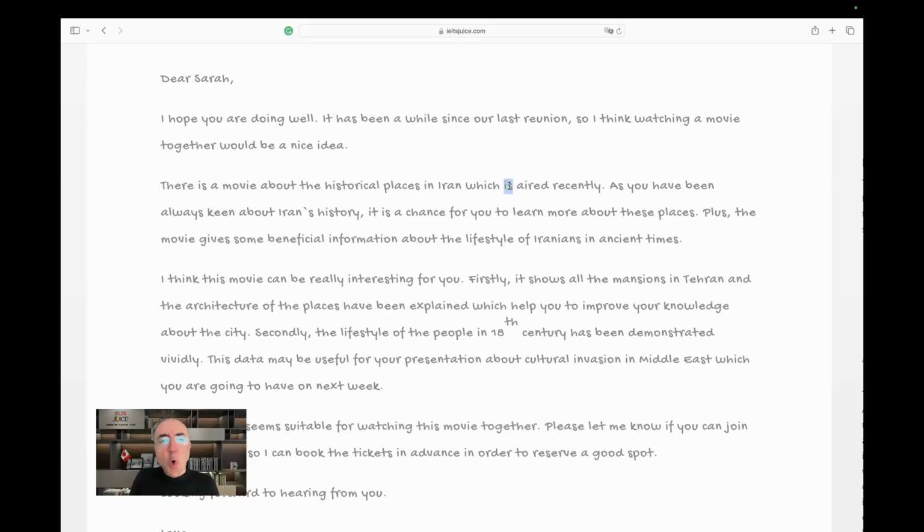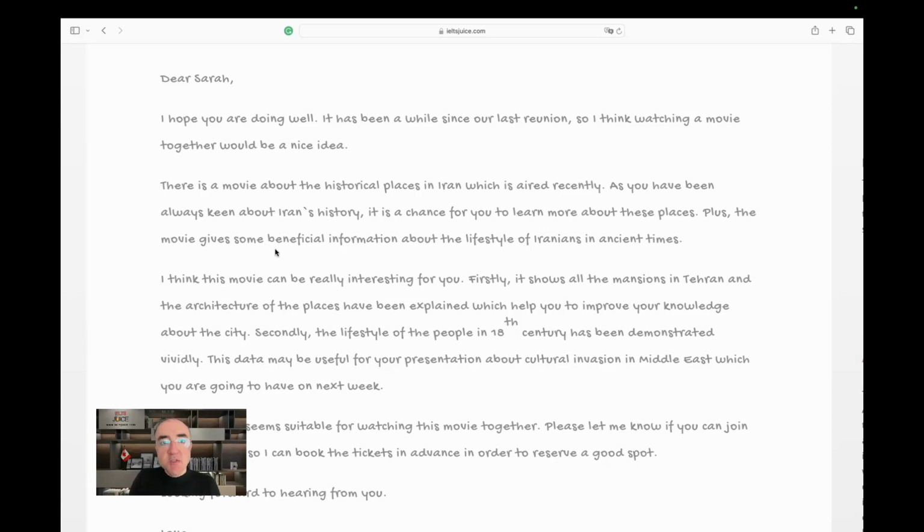As you have been always keen about Iran's history, that's a very good complex structure, it's correctly punctuated, comma, it is a chance for you to learn more about these places. I mean, I bet this refers to historical places. It's quite okay.